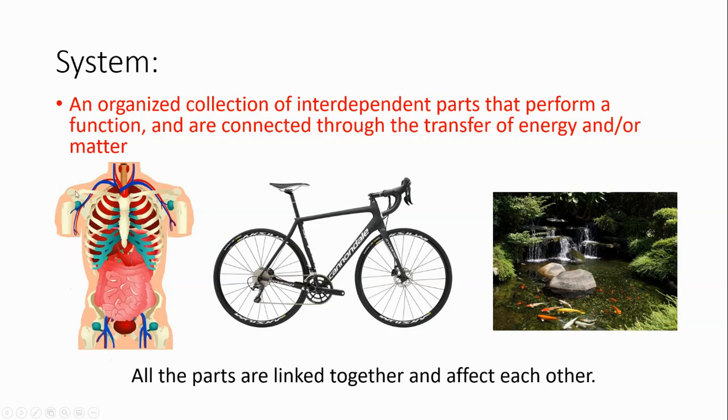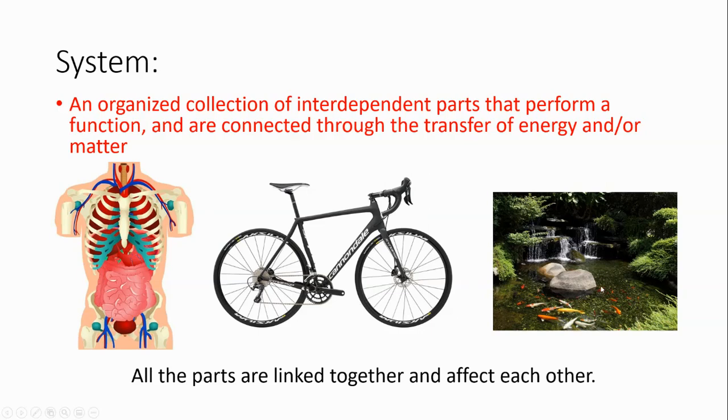You've got a skeletal system, blood moving through, an organ system. All these things are interconnected and transferring energy through our body. A bicycle could be considered a system. It has all these interconnected parts, and the energy transfer comes from you pedaling into the wheels to make you move.